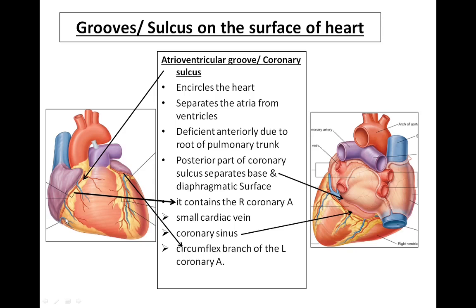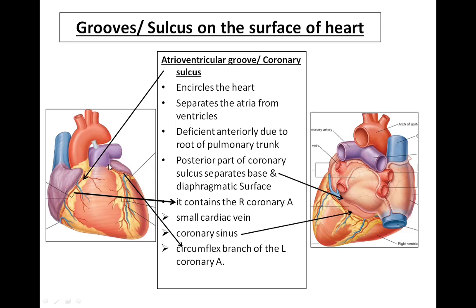Then it goes backward, and it separates the base or the posterior surface from the inferior surface. It runs backward and comes to the left border, then it again reaches the anterior surface or sternocostal surface.